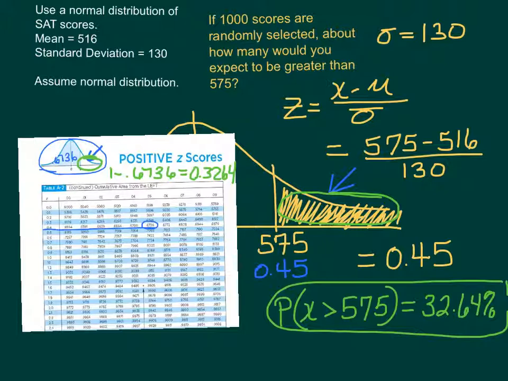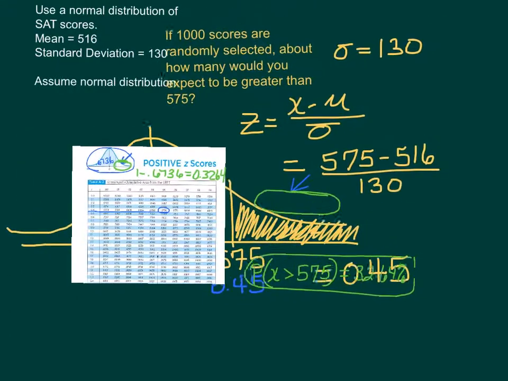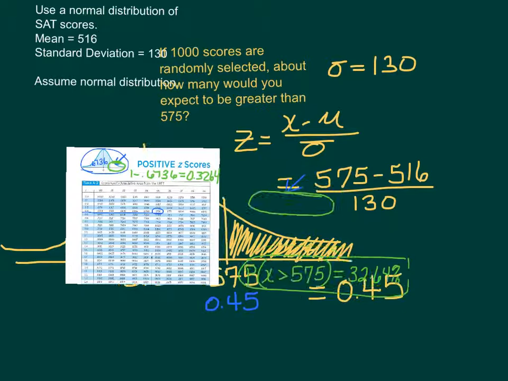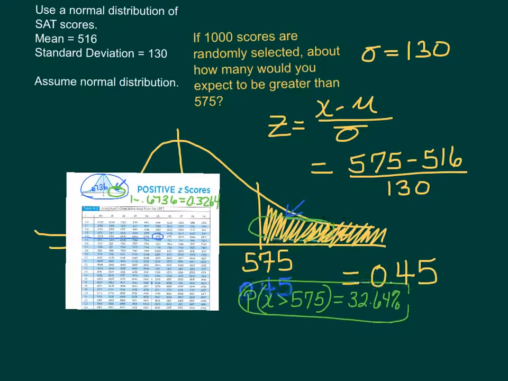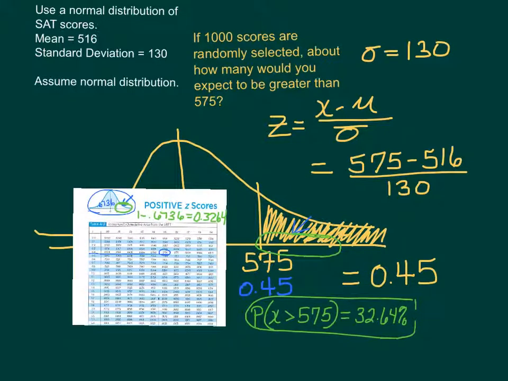So we've answered part of the question, but there are two parts to this question, and we need to answer the other part. The other part is, if we selected 1,000 scores, about how many of those 1,000 would we expect to be greater than 575? Well, we know approximately 32.64% would be expected to be greater than 575. So now all we need to do is calculate how many scores are 32% of 1,000. That's a simple arithmetic calculation.